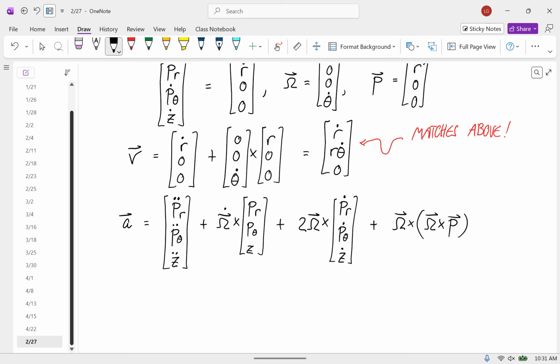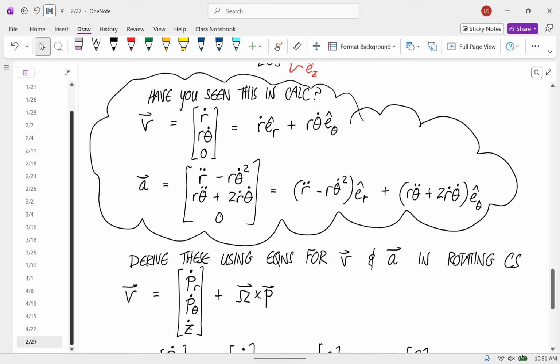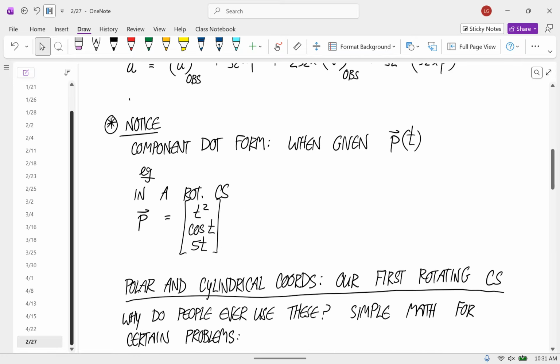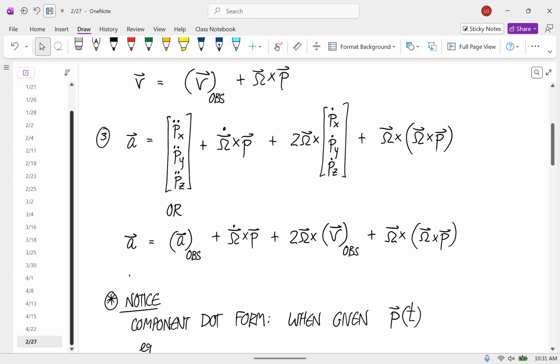It's being crossed with the omega dot. Okay, yep. Where did that vector come from? That comes from what we did yesterday. That's the second term of this expression for the acceleration. It's just that now our position vector components are an R component, a theta component, and a Z component.